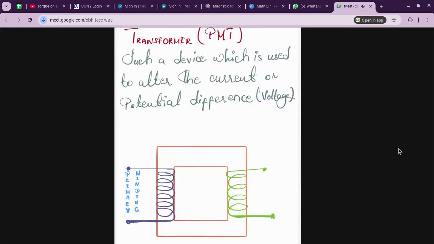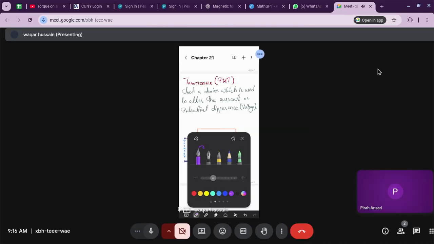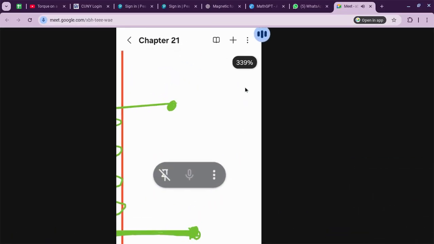This is what we call the primary winding. And this is what we call the secondary winding.